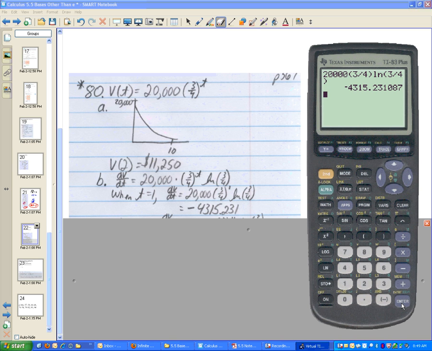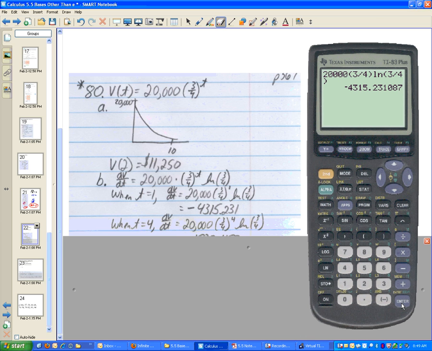All right, so it's losing value very quickly at the end of 1 year. You wake up one day and it's worth $4,315.23 less than it was the day before. Not really, but that's what the rate is at that point.